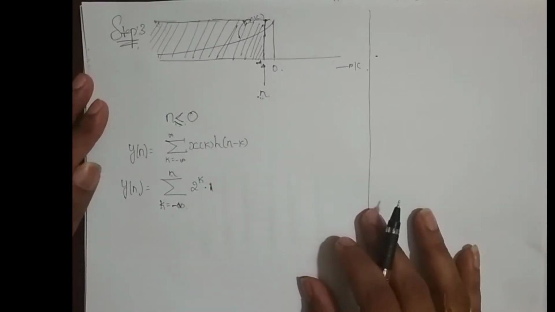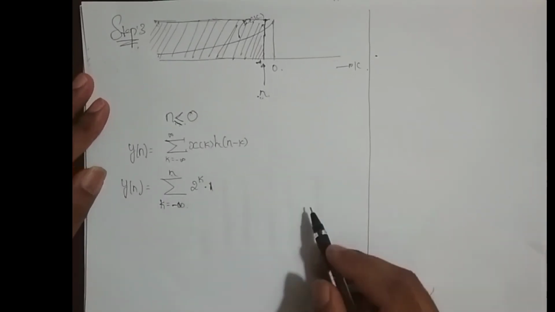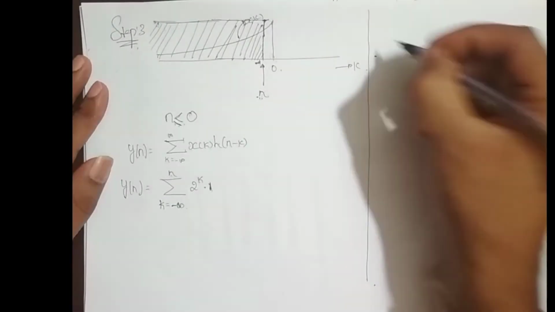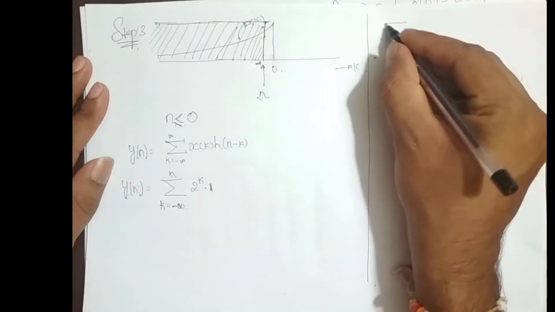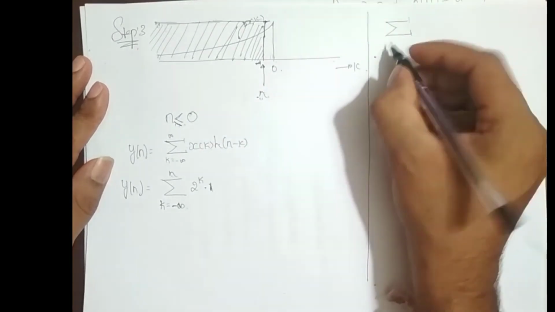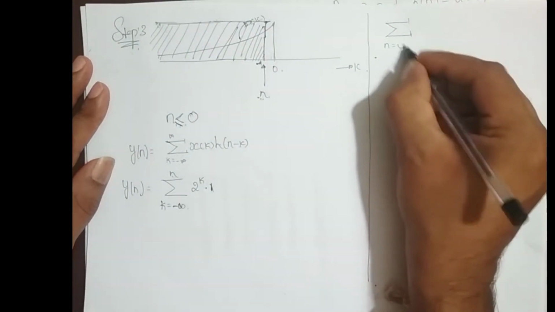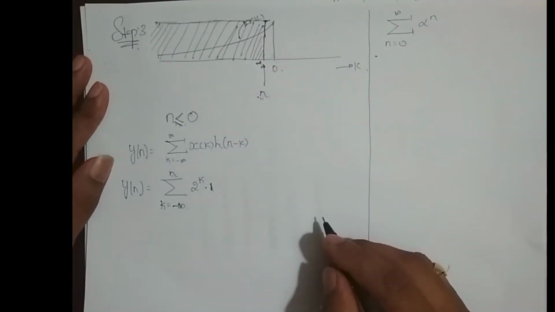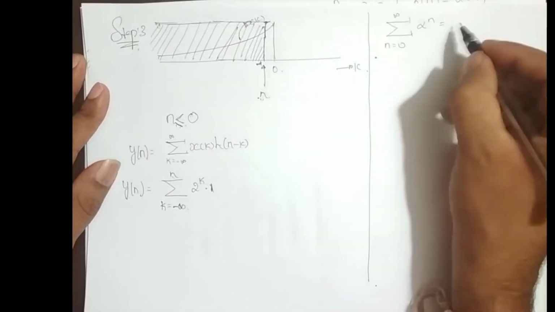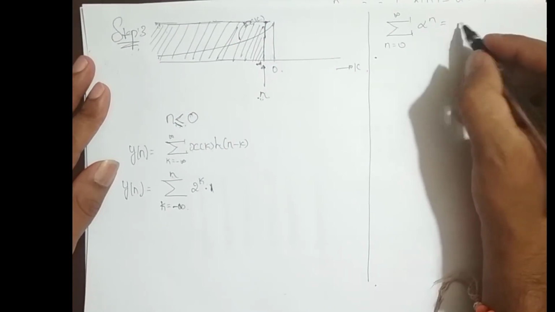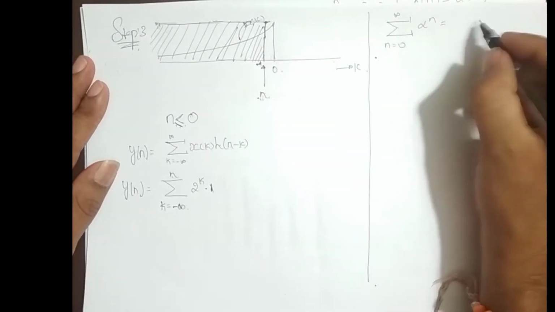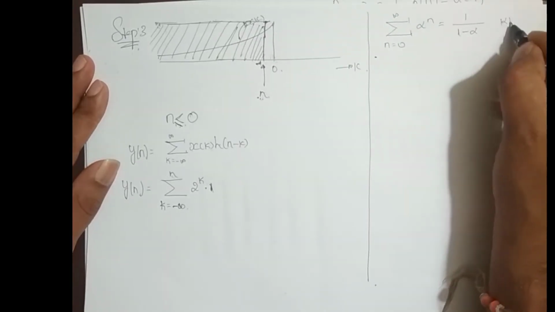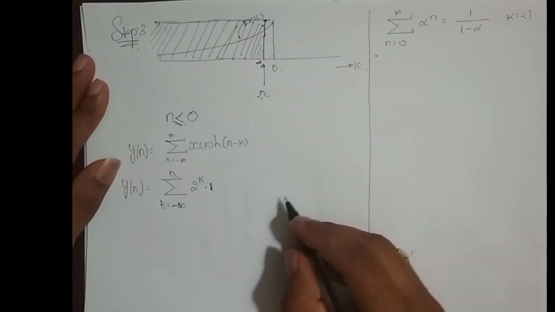Okay. Now this is a little bit lengthier. We need to simplify this. In order to simplify this, I need to bring this in a standard form. And what is that standard form? Standard form is summation n varying from 0 to infinity alpha power n. The result of this standard equation is this: the infinite series is 1 divided by 1 minus alpha, and the condition is that magnitude of alpha should be less than 1.